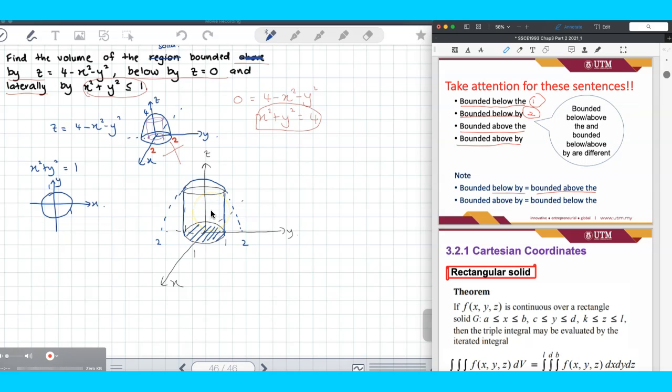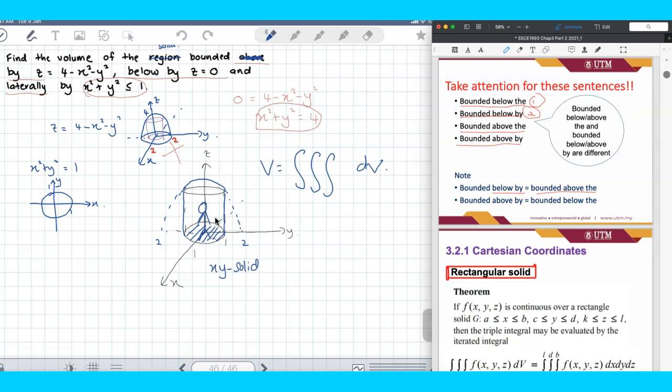Okay, so this is your solid. Now you want to get the volume using a triple integral, so you have to use dV. What kind of solid do you have here? If this is your orientation and you are standing like this, your type of solid is called an xy solid, which means your dV is dz dA on the xy plane.